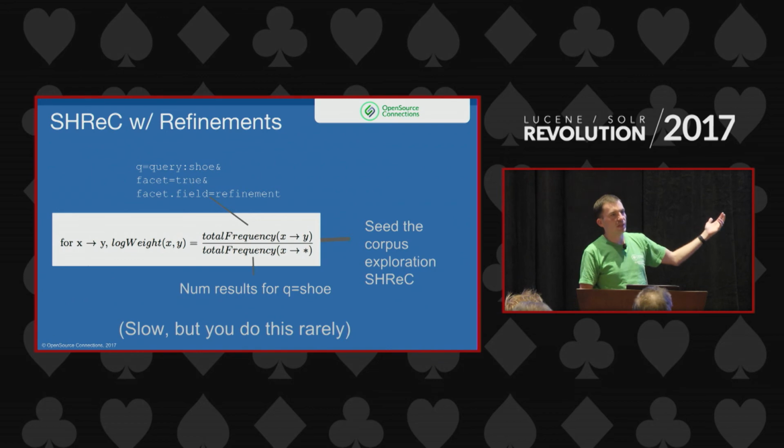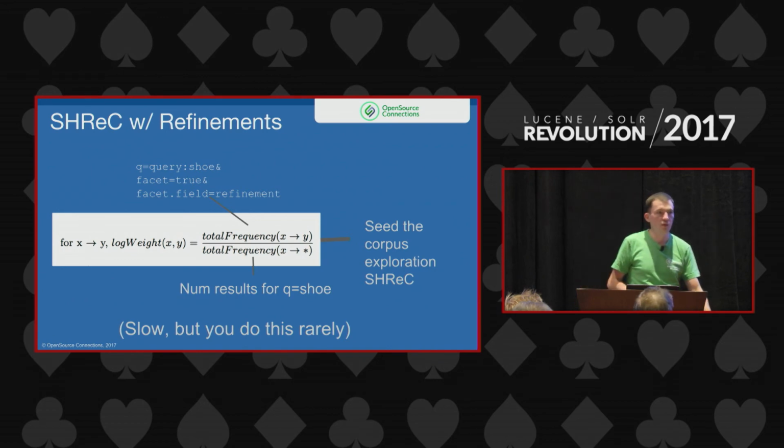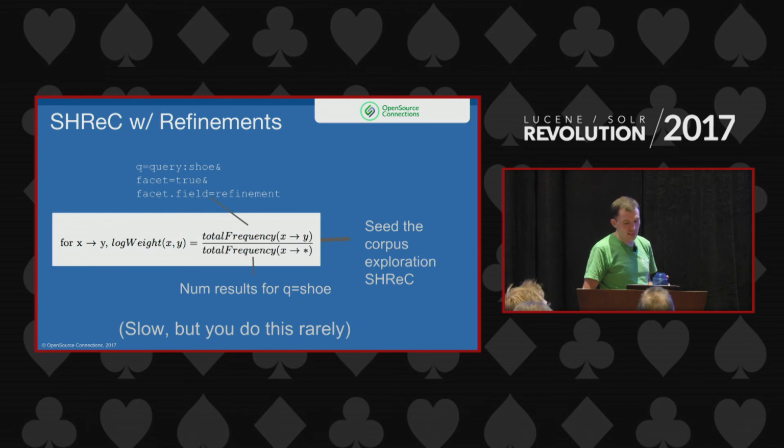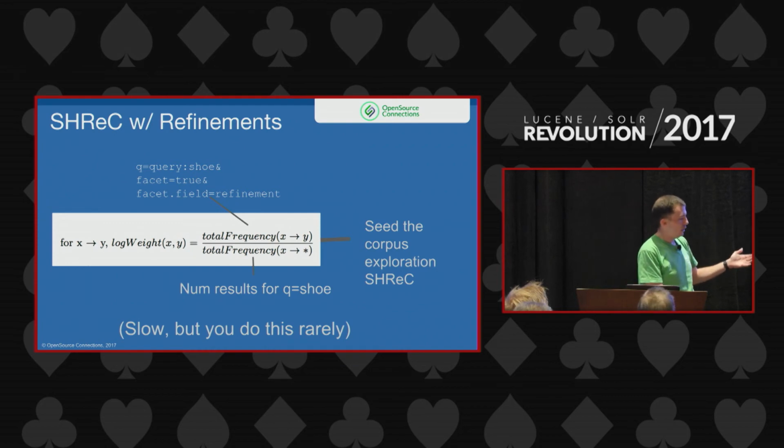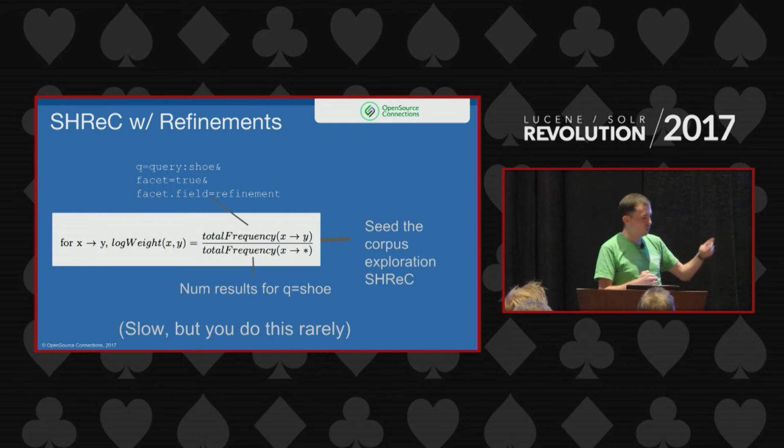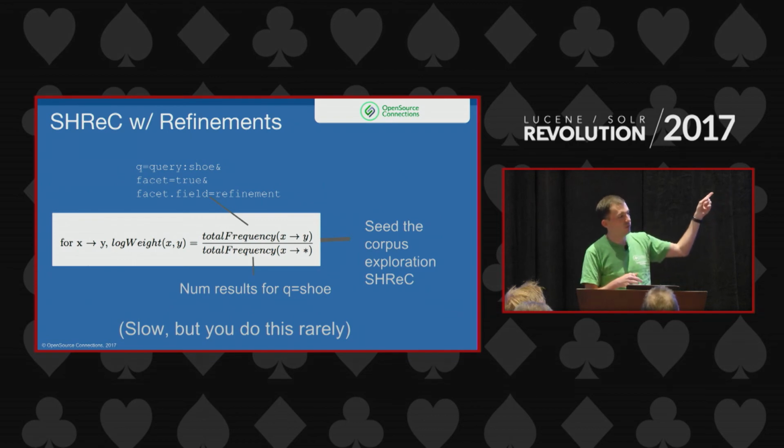And again, these are stats you can pull out through facets, right? You can get this information, and you can start to basically add a weight. In addition to the weight from the corpus, you can say, okay, for the shoe to dress shoe node in my graph, I can weight it even higher if I also see it in the refinements.